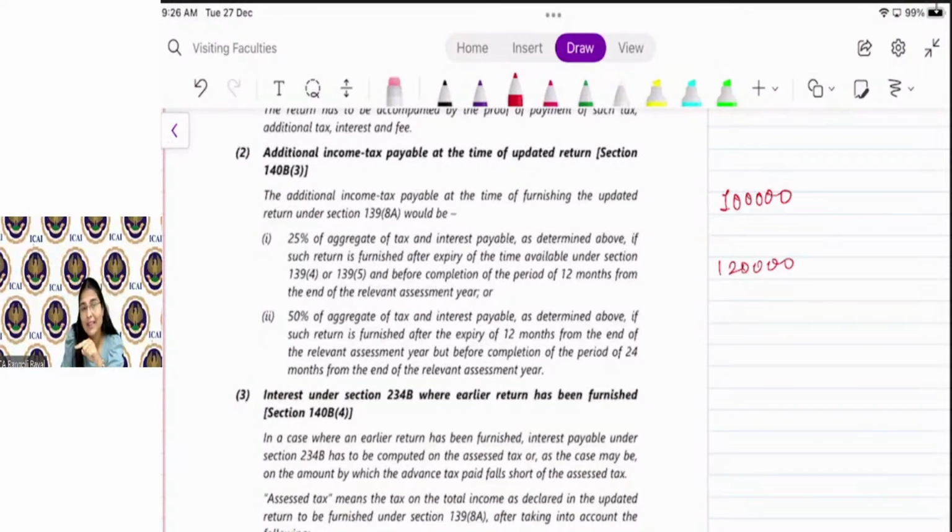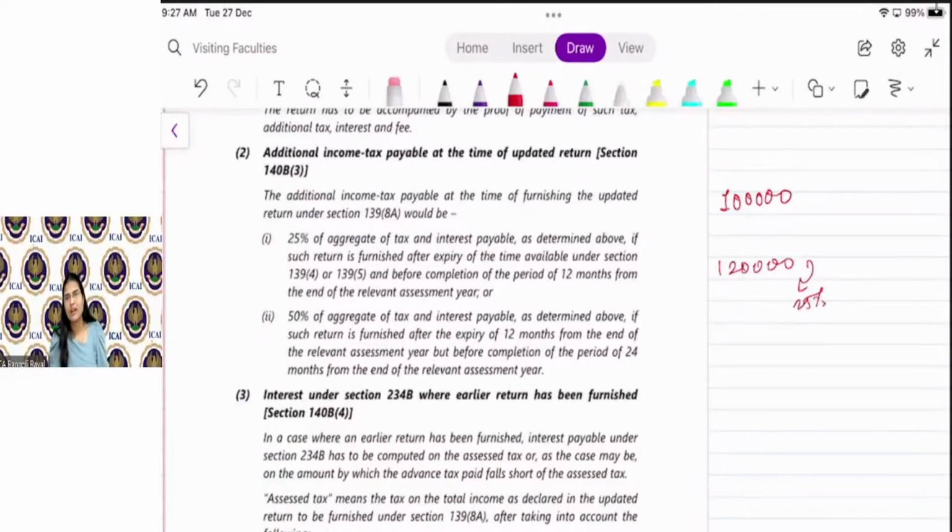Now on this 1,20,000, I have to pay it. See, I have to pay that 20,000 because 1 lakh I have already paid. But over and above 1,20,000, I have to pay 25% of 1,20,000.